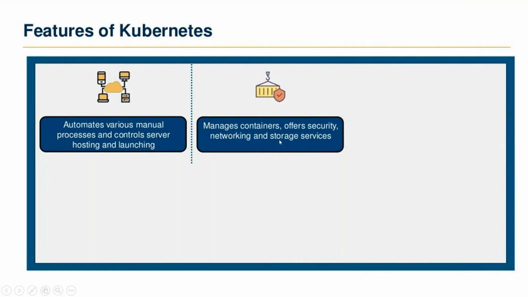And networking and storage. So why do we require storage? Why do we require networking? When we configure a Kubernetes cluster, in the cluster we configure the Kubernetes master as well as Kubernetes nodes, right?